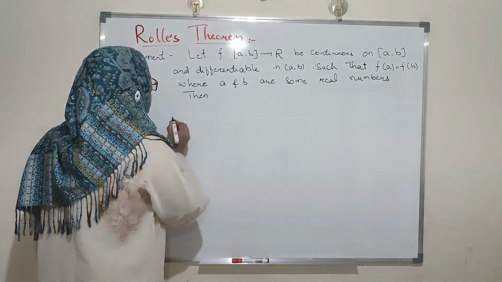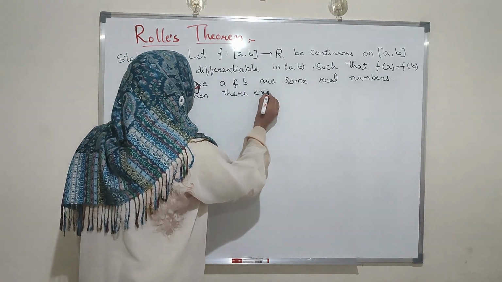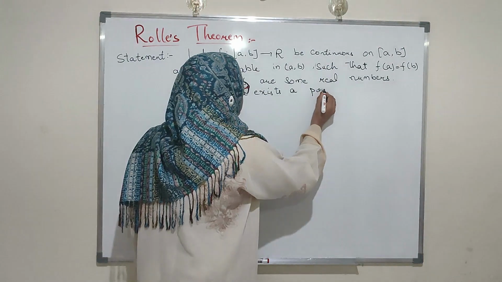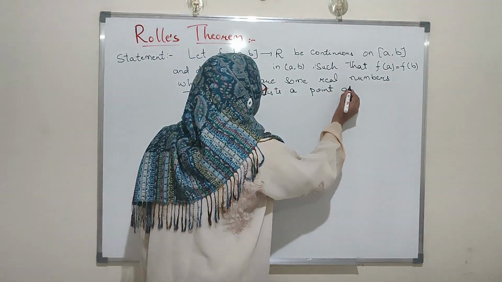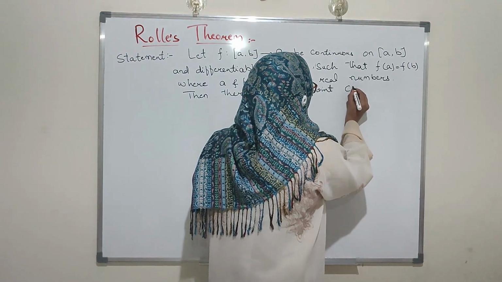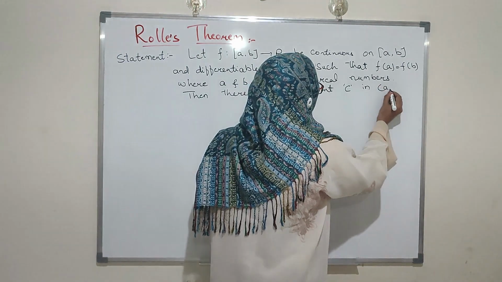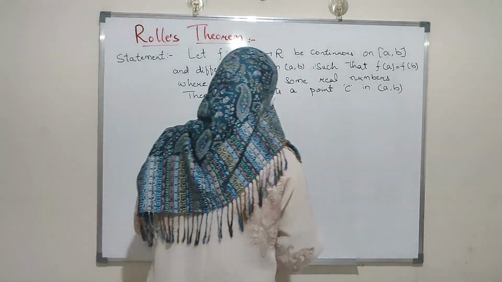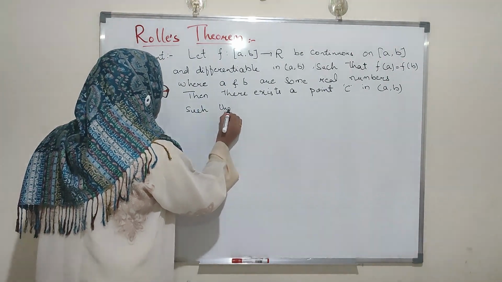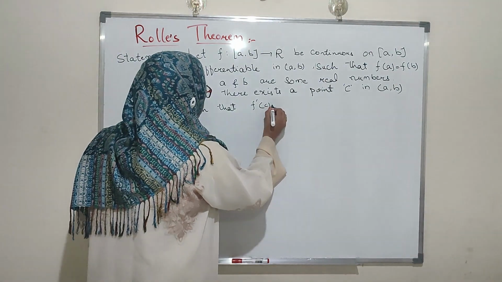If this happens, then there exists a point C in AB such that, again we have one condition, such that f dash of C is equal to 0.